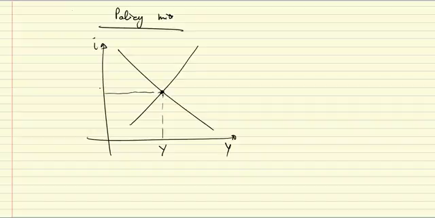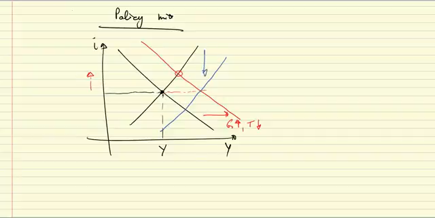Well, the policy mix can use both fiscal and monetary so that you get a fiscal expansion, the rightward shift, the rise in G and or a fall in T. But in order to not get the negative impact of the rising interest rate that we would have to this equilibrium, we do at the same time see accommodation by the central bank so that we get a downward shift in the LM curve due to an increase in the money supply that avoids the rise in the interest rate, so that we not only get to this new equilibrium, but indeed get to a new Y star, which might be close to a full employment equilibrium.